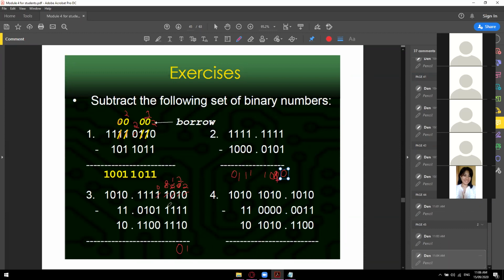0 minus 1 cannot be, so we have to borrow. So, 2 will become 1. And then, 0 dito, yung part na 0 dito, will become 2.